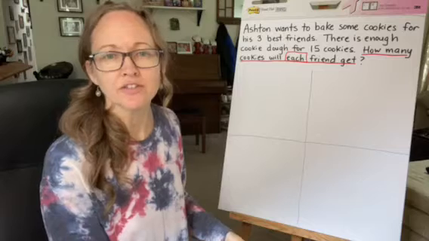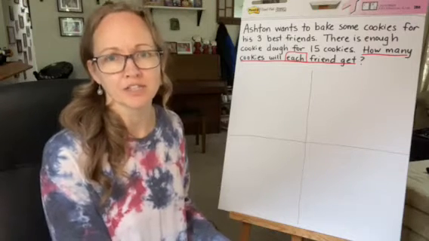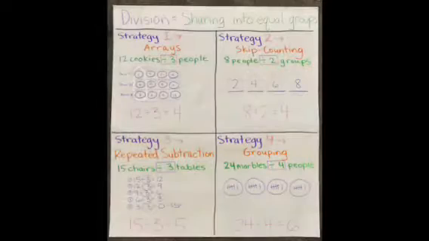So take a look at this chart because we're going to be solving this problem using these 4 different strategies. The first strategy is by drawing an array. The second strategy is by using skip counting. The third strategy is going to be to use repeated subtraction. And the fourth strategy is going to be using grouping.